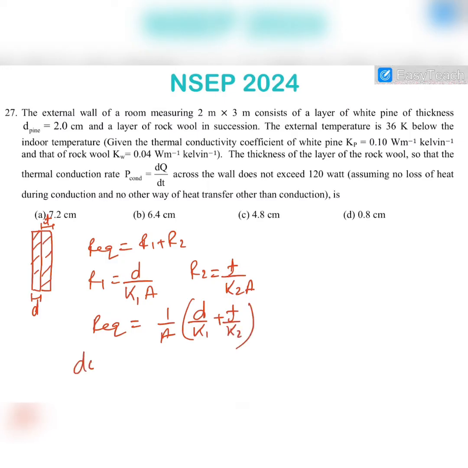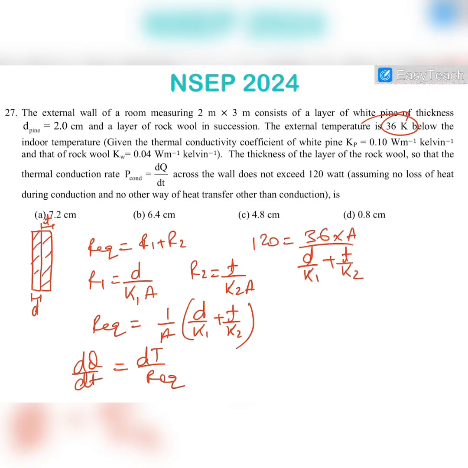Now dQ by dt is equal to delta T by R, where R is the equivalent resistance. So dQ by dt is 120, and this is equal to delta T, which is 36, divided by R equivalent, and R equivalent is D by K1 plus T by K2.